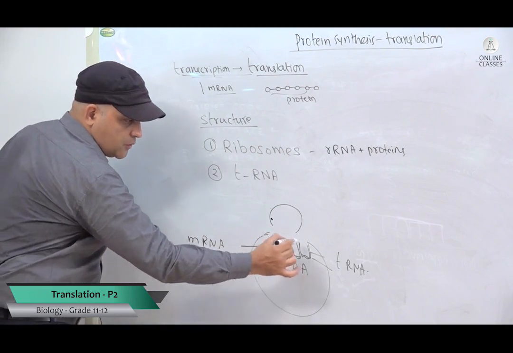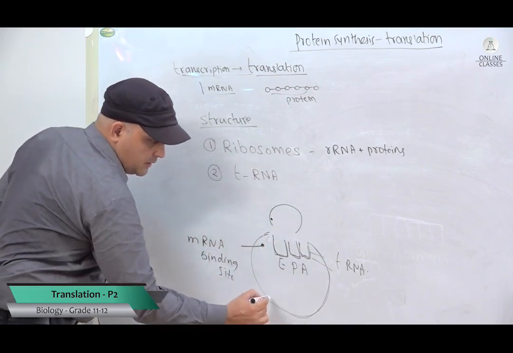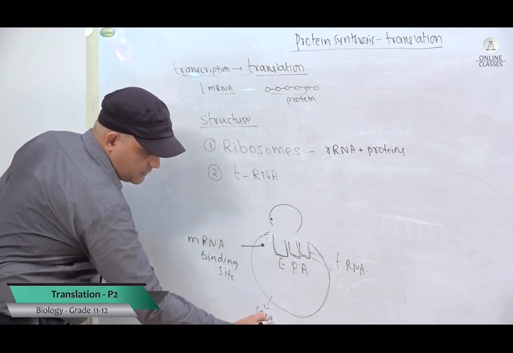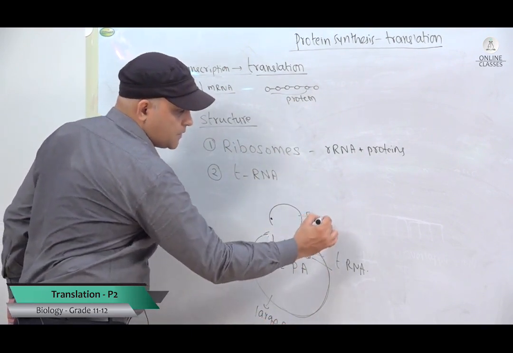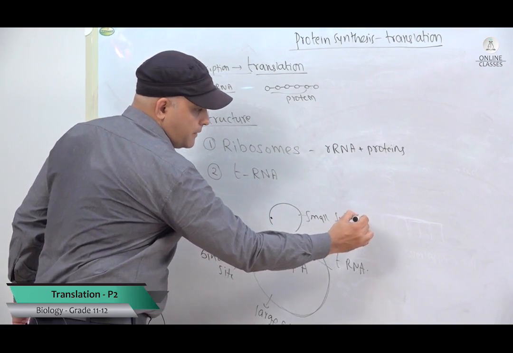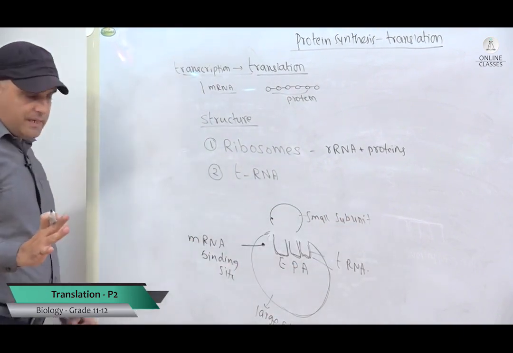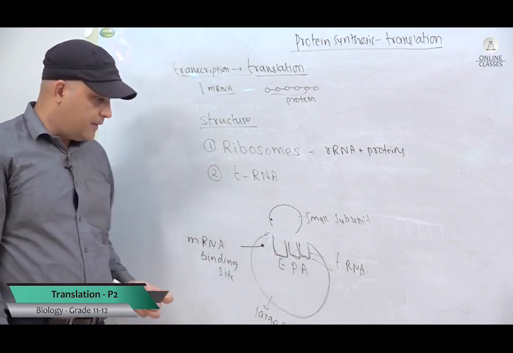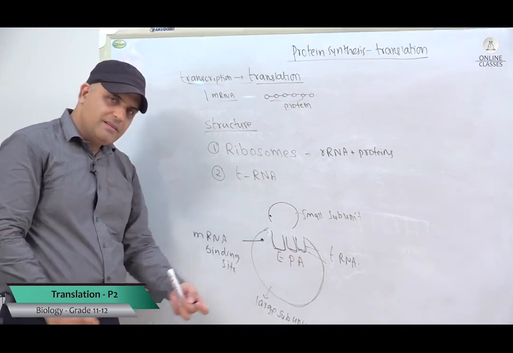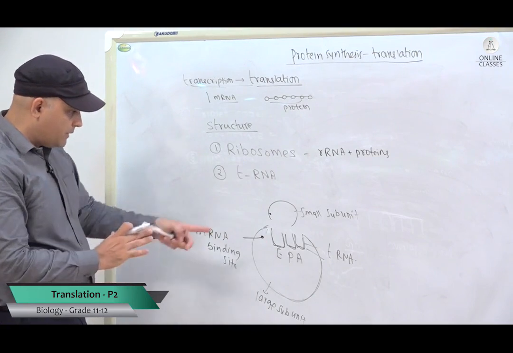So this is the ribosome, this is the larger subunit, and then you have the smaller subunit. Together they form the ribosome, and it has binding sites for mRNA, it has binding sites for two tRNAs. So they have sites like EPA sites. No need to remember the EPA sites and all.